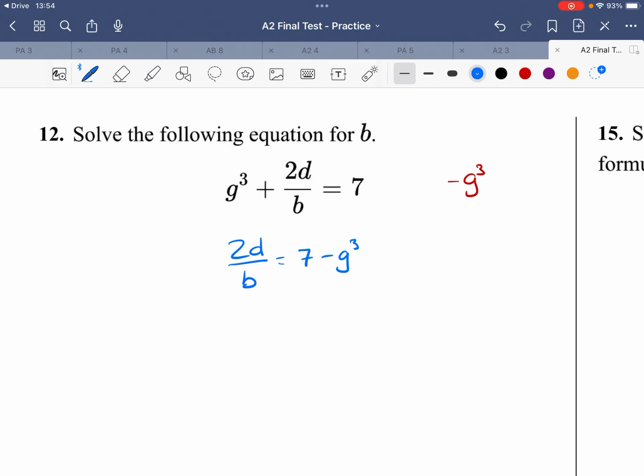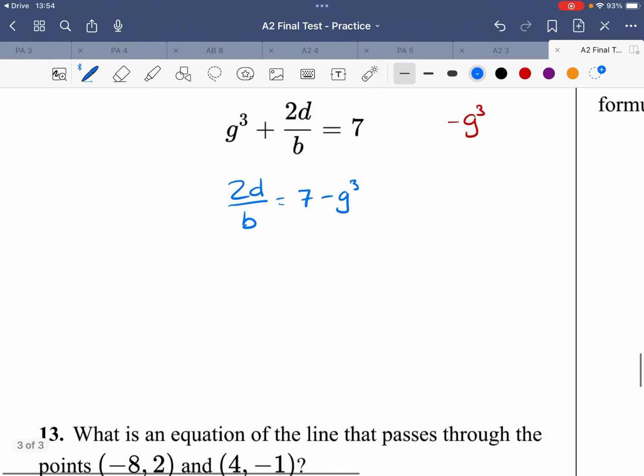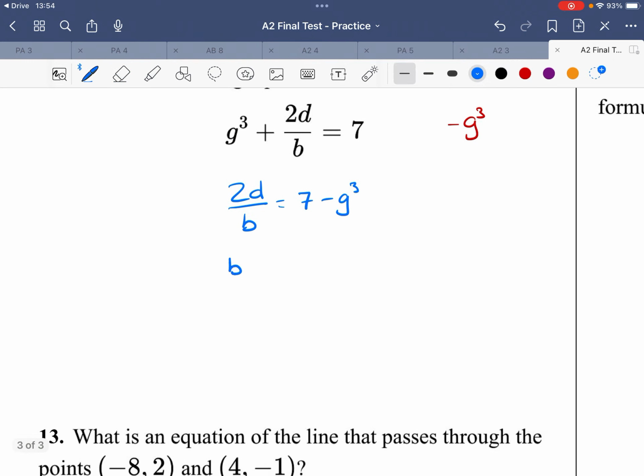And now we saw different ways of dealing with this. I think the easiest way is to take the reciprocal of both sides. So I'm going to flip top and bottom of both sides, and in that way, the variable that I'm interested in no longer will be in the denominator. So b over 2d equals 7 minus g over 3.